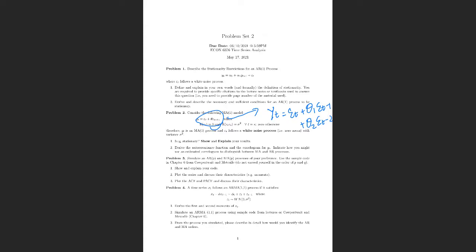So let's take a look at how we do so. Let me go back to the whiteboard. So yt is equal to epsilon t plus theta epsilon t minus 1. We know that epsilon follows white noise, that means normal, and the variance is sigma squared. Okay, so is yt stationary? Is it weakly stationary? Let's check.